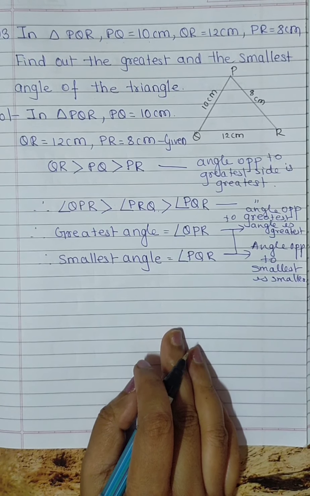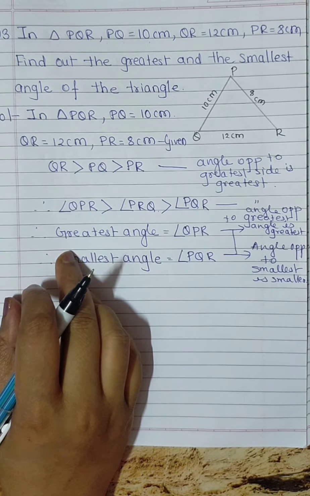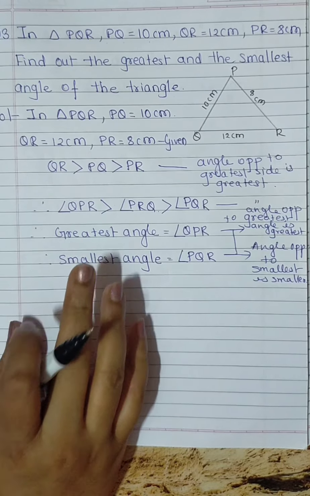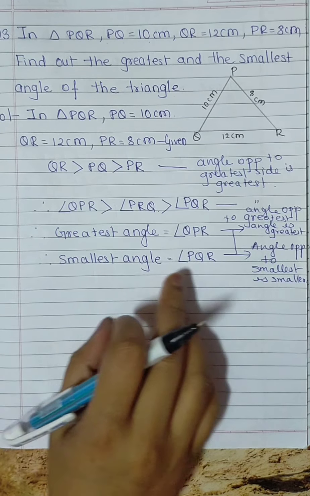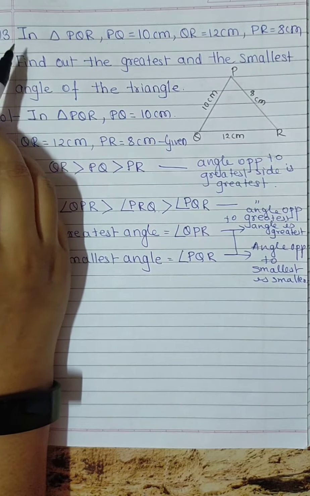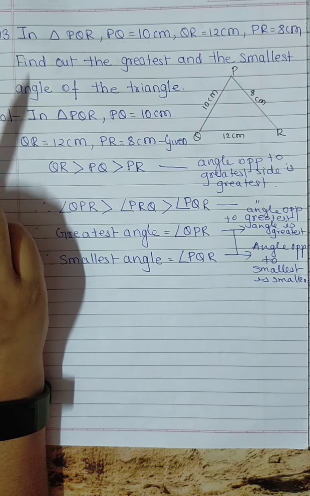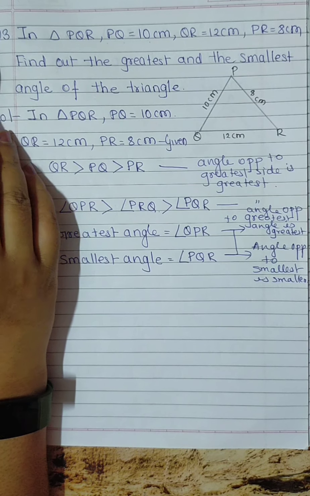Okay, I hope you understood. We just have to show which is the greatest and smallest angle in this sum which we have found and solved too. So we are going to solve now the next problem, that is question number 4.